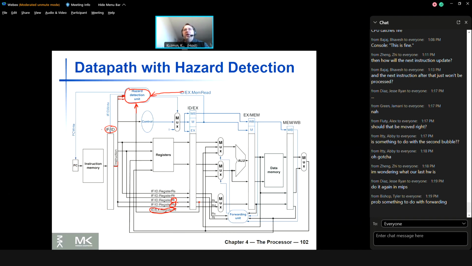And then we have IF/ID write control signals to prevent the next instruction from being written into IF/ID, right? Because if we are stalling, we want to keep IF/ID holding the instruction that is stalled at the ID stage. So the next instruction will be fetched from memory, but it will not write its instruction word into the IF/ID pipeline register. All right.